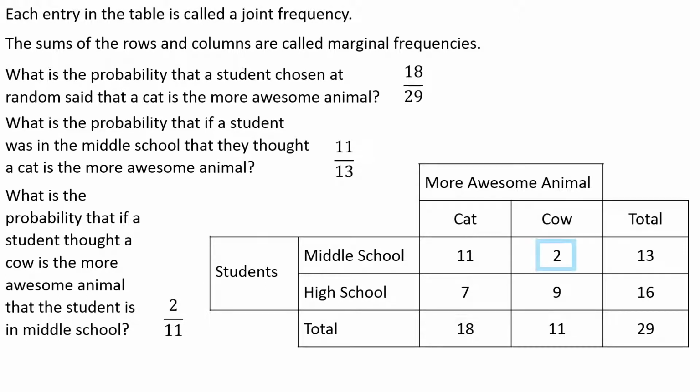So I've got to use 11 as my denominator because I've got to be under the cow column. And then for the joint frequency, there were 2 middle school students that selected the cow. So 2 out of 11.